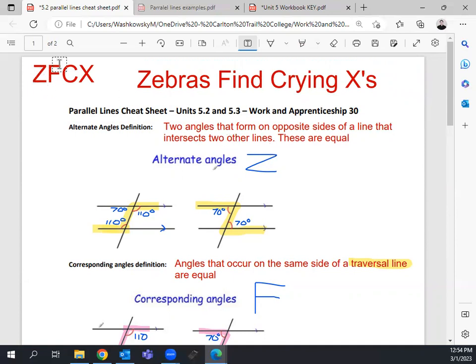Well, if you can remember Z, F, C, X, that works too. But if you're unsure, zebras find crying X's. It's hard to find stuff to rhyme with Z and X, guys. Okay, that's the best I can come up with. That's the best I can do with that one. So if that helps you remember, great.